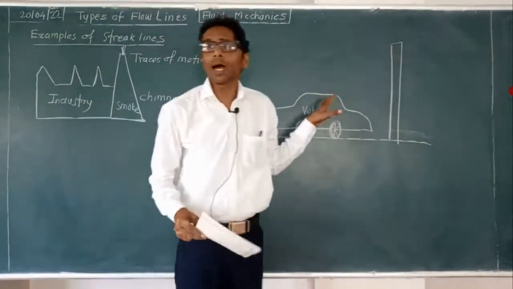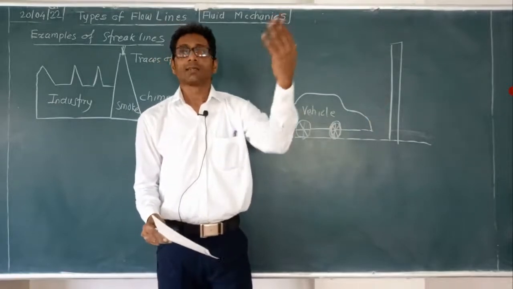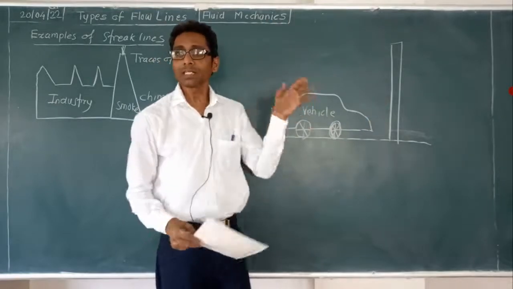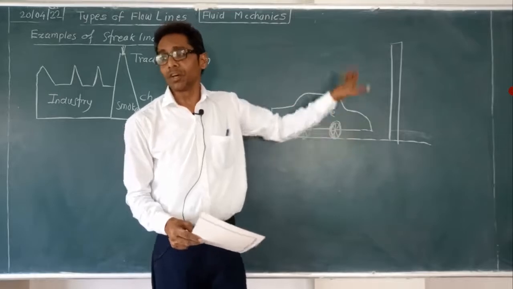When the car is moving on the road, wind comes from the front side, strikes the windshield and develops pressure on it.